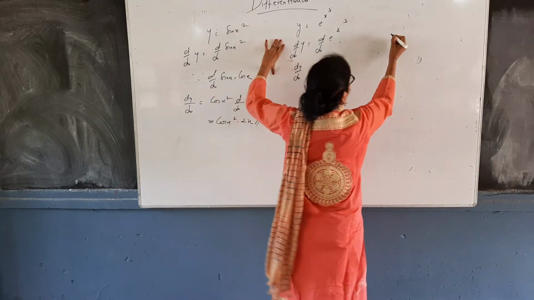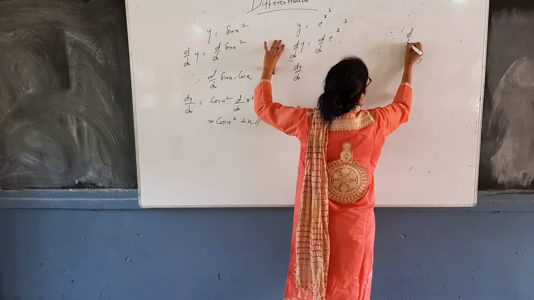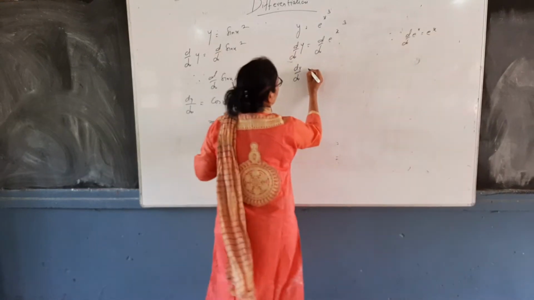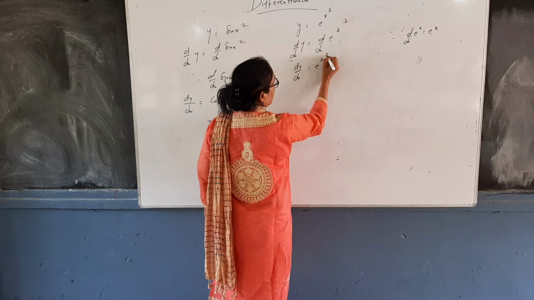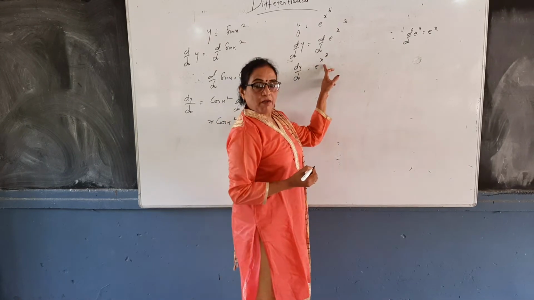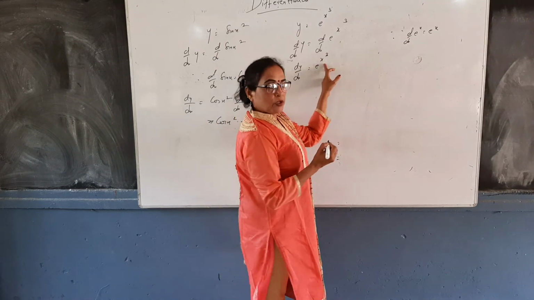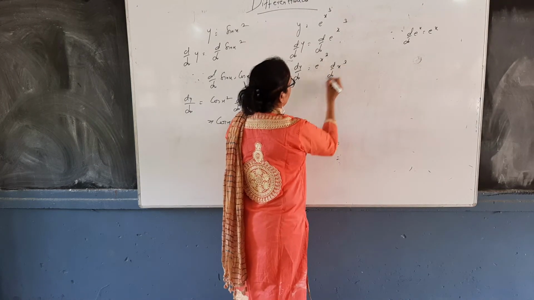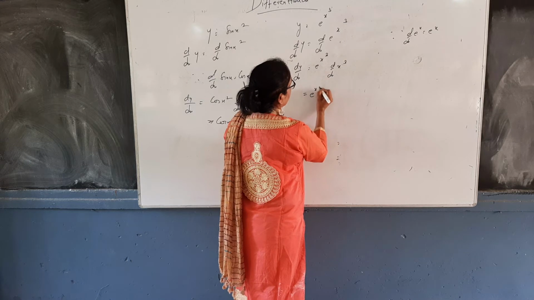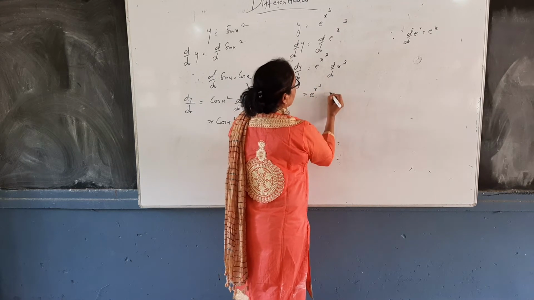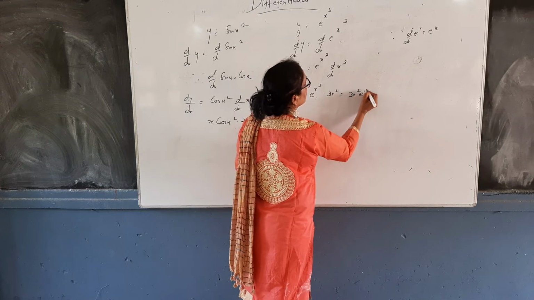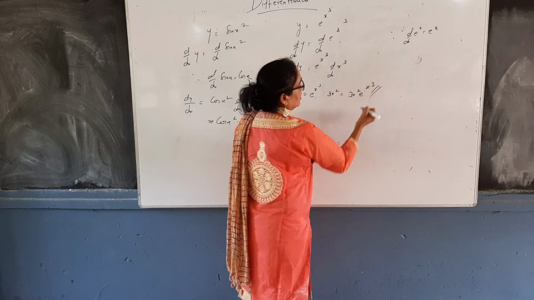Since we know that d by dx of e raised to power x equals e raised to power x, here it is e raised to power x cube. Since x cube is the power, we have to differentiate this also. It will be d by dx of x cube, so you will get e raised to power x cube into 3x square. So the answer will be 3x square e raised to power x cube. This is the answer.